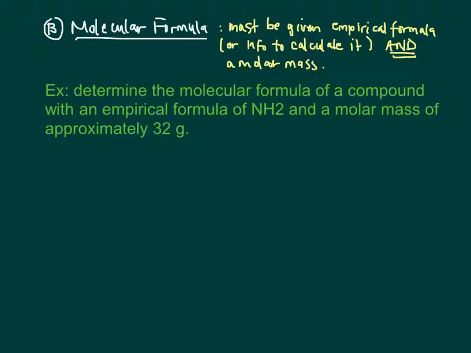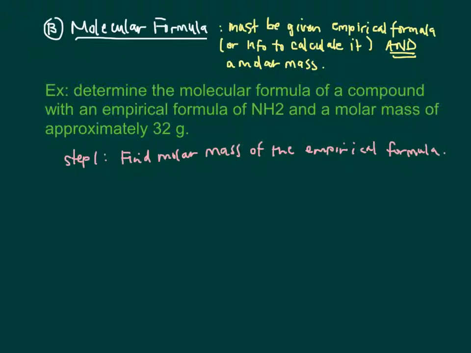And so for this one, we'll write some steps. First thing you're going to want to do is find the molar mass of your empirical formula. So we have NH2, and its molar mass is going to be about 16.023 grams, so approximately 16 grams.